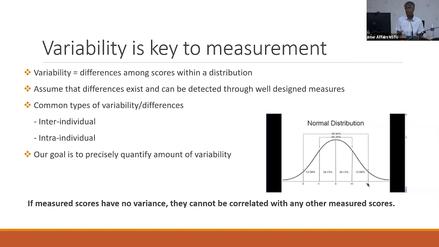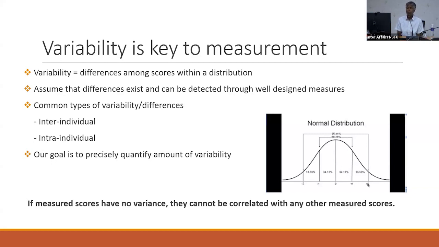Another concept as we think about measurement is variability. Variability means that there are differences within an individual or across individuals in that concept or construct that we're looking to measure. Okay?